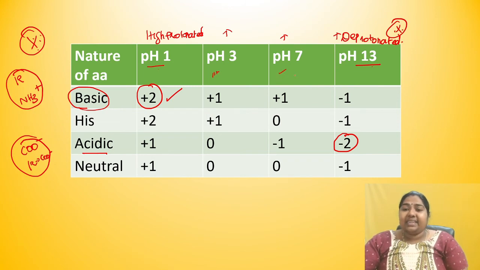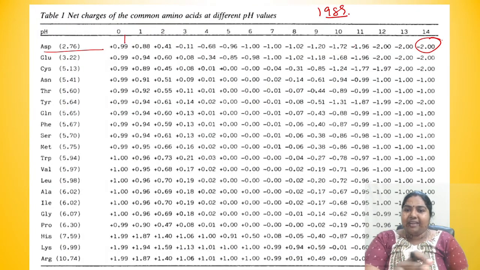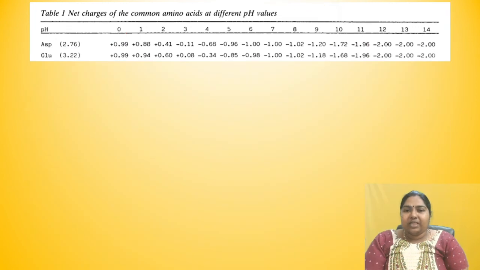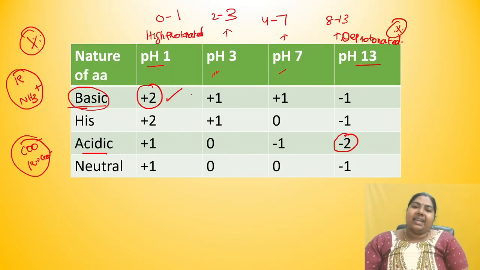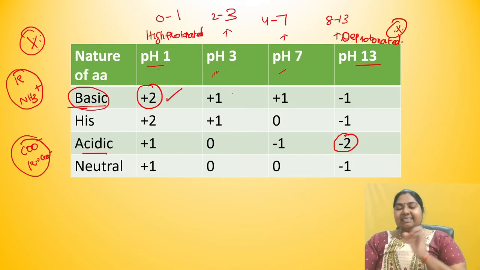Finally, the R group is also removed, so it becomes -1. You have to remember that for a basic amino acid. So 1, 3, 7, 13 is the range. Maybe this is 0 to 1, this is 2 to 3, this is 4 to 7, and this is 8 to 13. All this table I have condensed and put the values for you. This is the range that you have to remember.